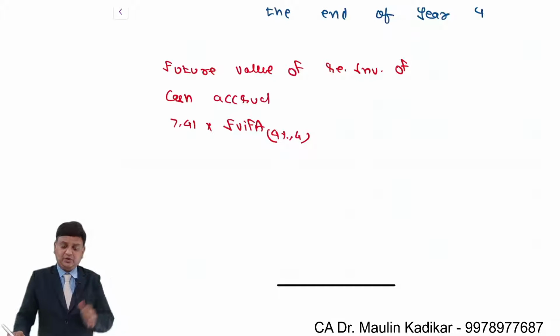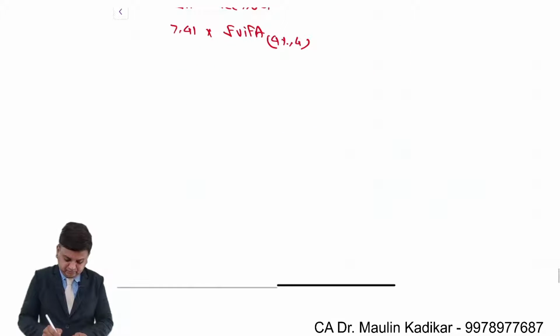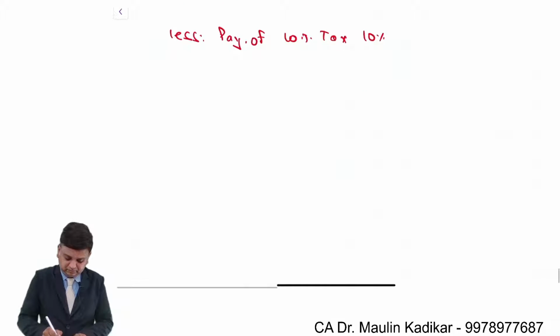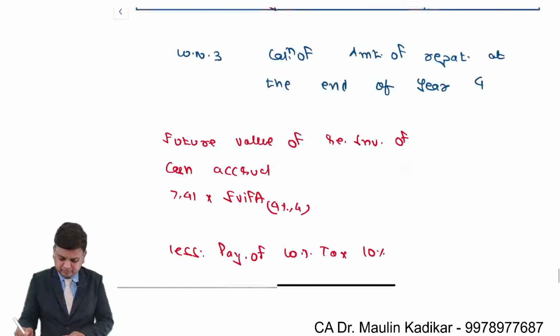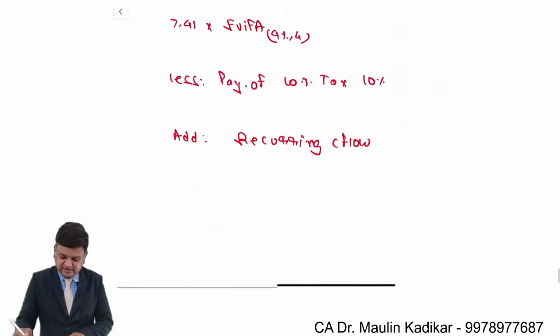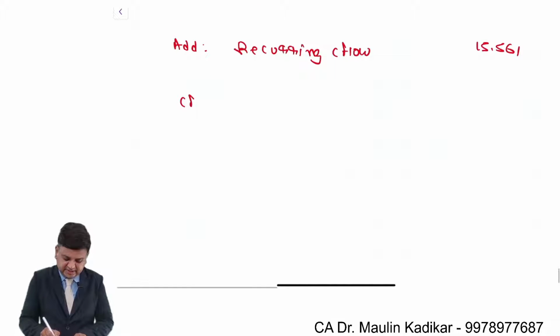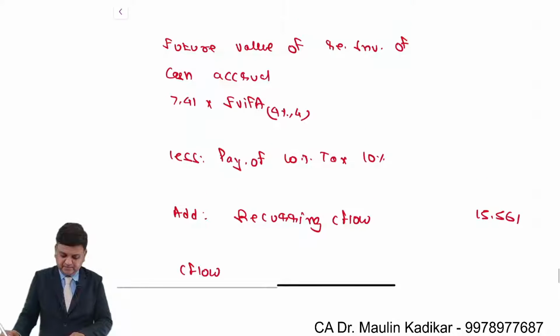That is how we will compute the future value, less payment of withholding tax. It is at the rate of 10 percentage. Add recurring cash flow, that is 15.561. This is the cash flow of the 4th year end.